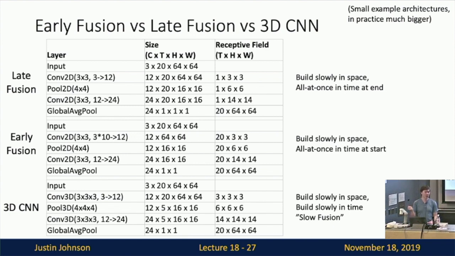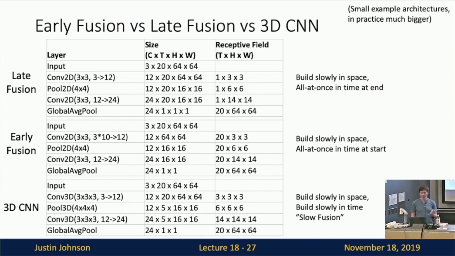And now our pooling operation, instead of just collapsing a 4x4 pooling region in space, is going to average over a 4x4x4 three-dimensional pooling region in both space and time. By extending these familiar two-dimensional operators of convolution and pooling into the temporal domain, this network architecture can build up a receptive field slowly over both space and time over the course of many layers of processing.